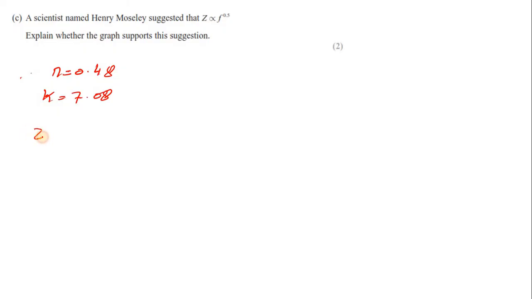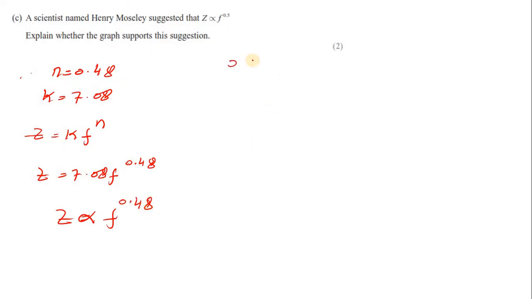z is equal to k f power n. If you substitute this, so z is equal to 7.08 and f to the power 0.48, and 7.08 is constant, so you can say z is proportional to f to the power 0.48.